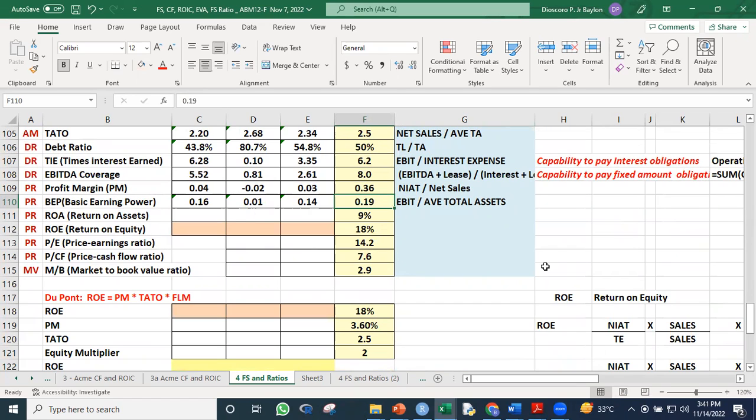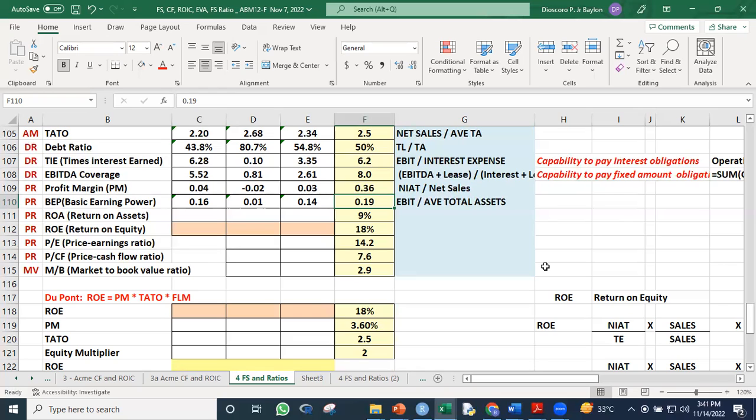Okay, so how do we interpret this? Per average asset na ininvest ng company, magkano yung operating profit nila? Okay, yung operating margin, how much was it? So, of course, we know that here, the higher the better. No?